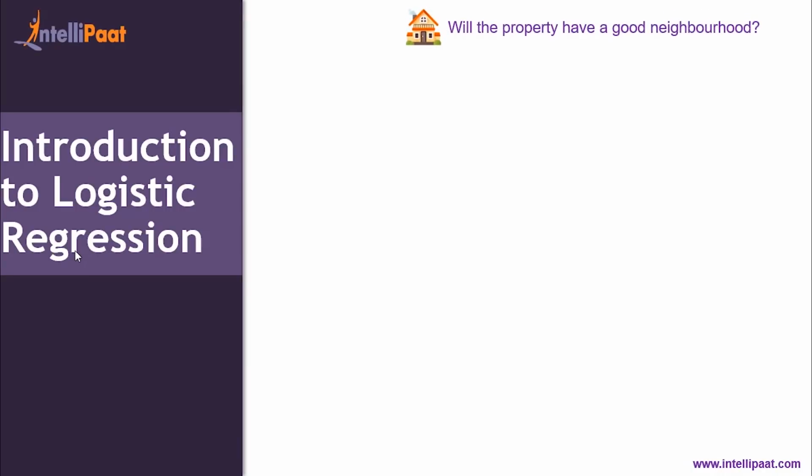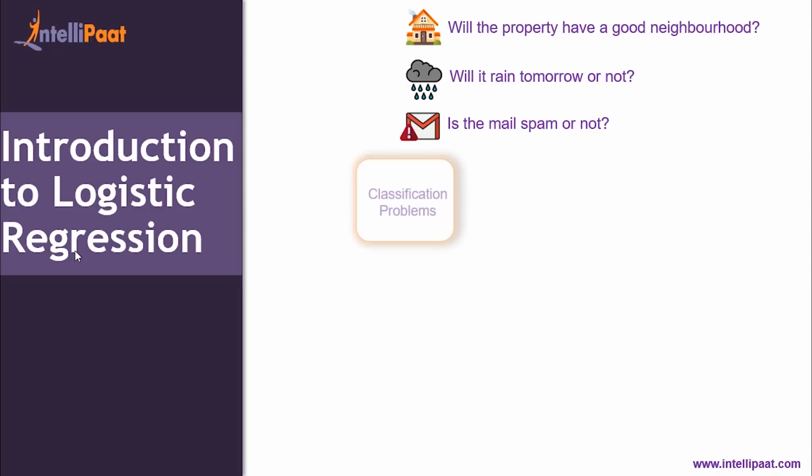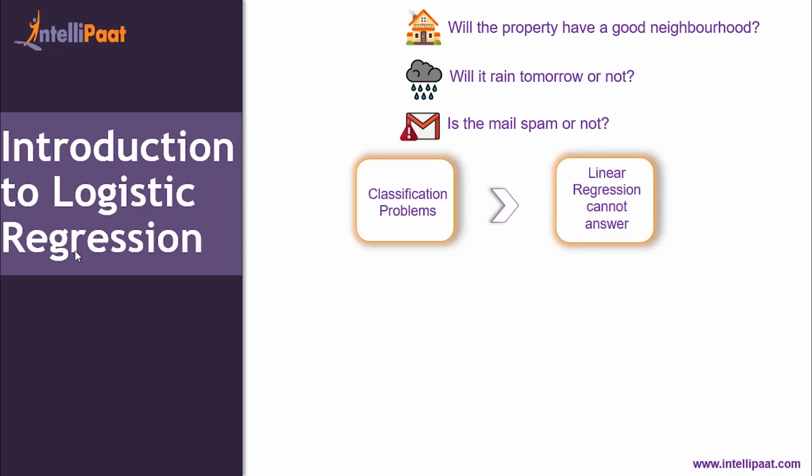So questions like, will the property have a good neighborhood? Or will it rain tomorrow or not? Or is this mail spam or not? All these kinds of problems fall under a particular category known as classification problems in machine learning. Now with the linear regression algorithm, we could not answer these problems. So that is where logistic regression comes into the picture.